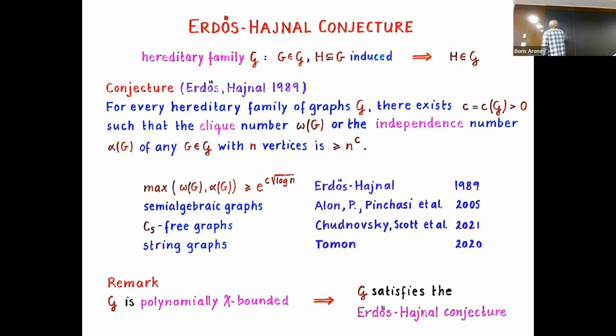And so we have a bunch of strings in the plane, and we look at their disjointness. It turns out that it's not trivial that disjointness graphs of strings are not chi-bounded, not nearly perfect.